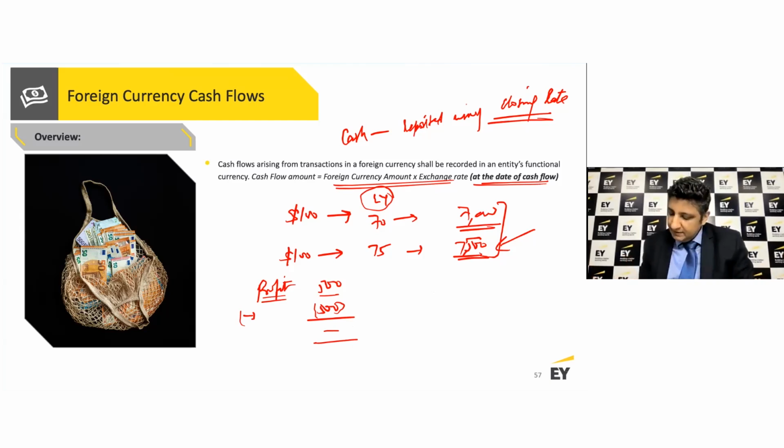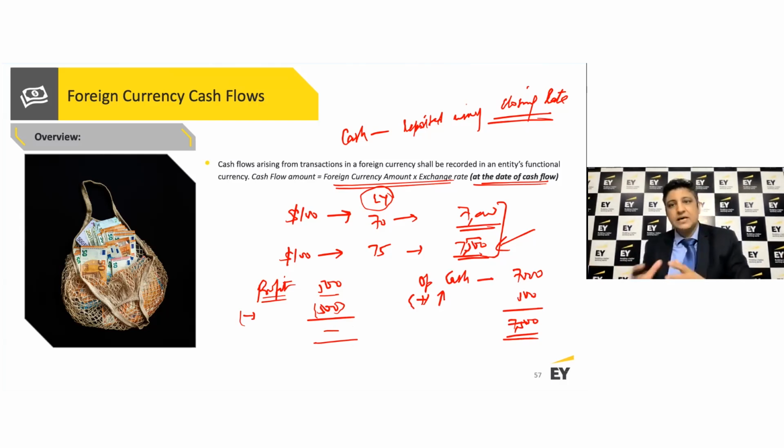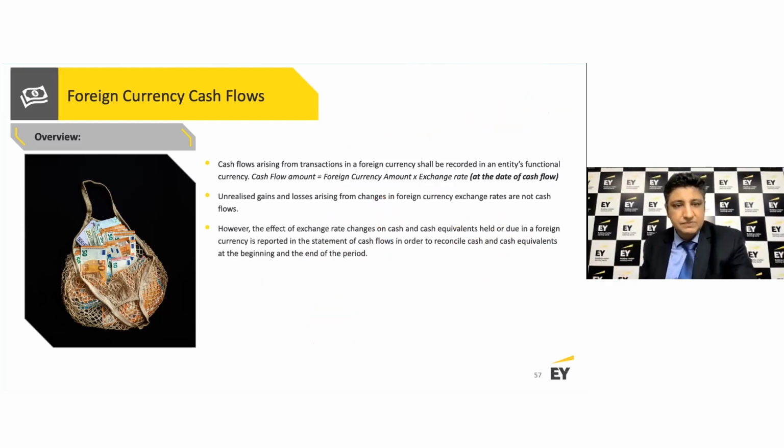But if I look at my opening cash balance, it is 7,000, and now there is a change in value to the extent of 500, resulting in my closing balance of 7,500. That is how you start building the thought process of how to bring in this perspective, and that is something which is explained.